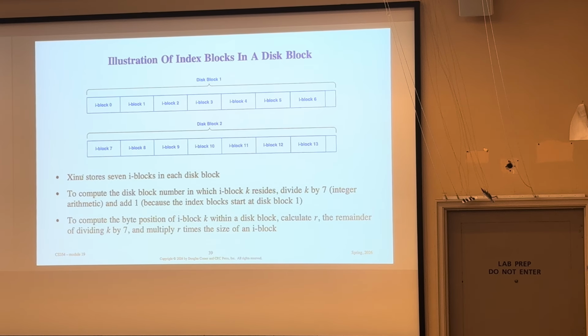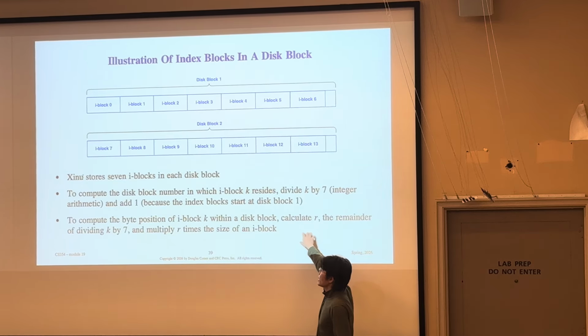Right, so this is just a quick explanation that the index block is much smaller than the data block. So on disk, each disk block can store multiple index blocks. In Xenu, there are 7 index blocks in each disk block. This is the index block definition, so I won't go through the details.